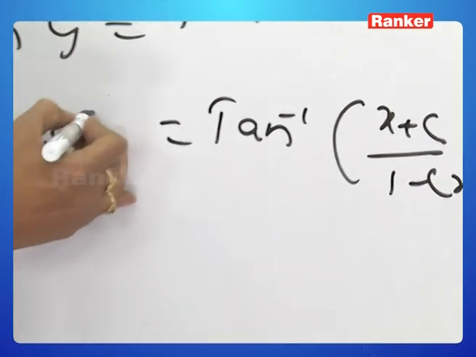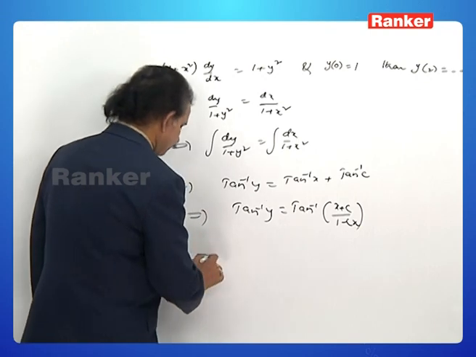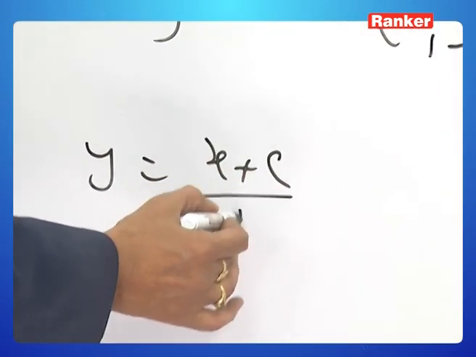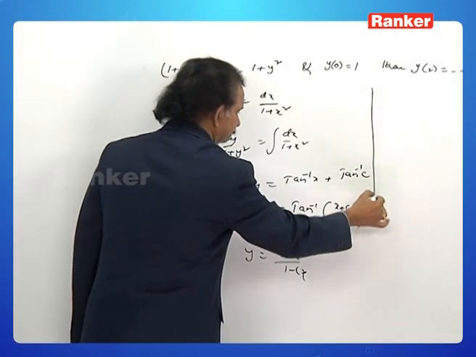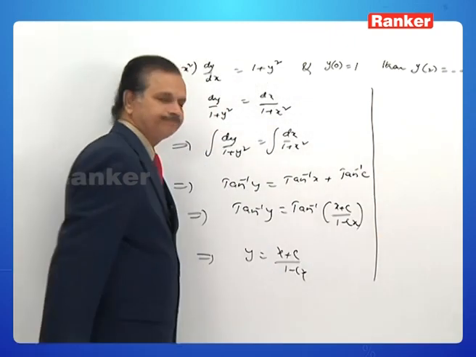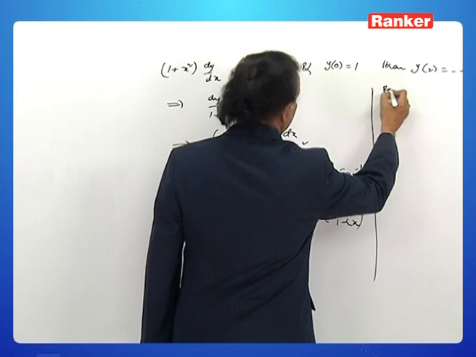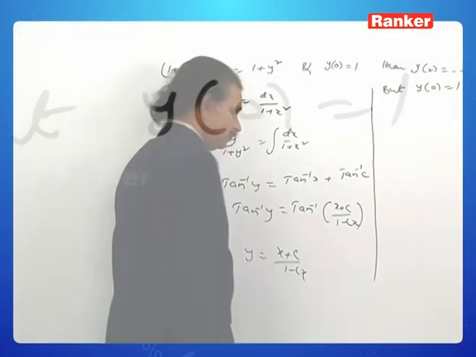Tan inverse y is equal to that, which implies y is equal to x plus c by 1 minus cx. But he has given that y of 0 is equal to 1.